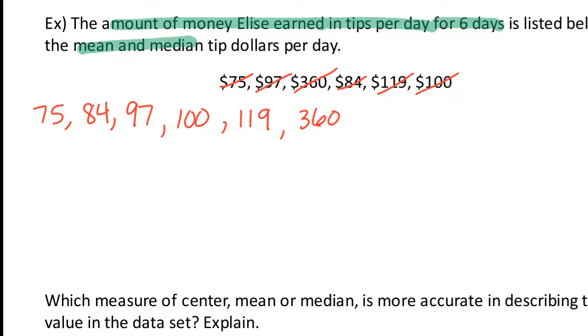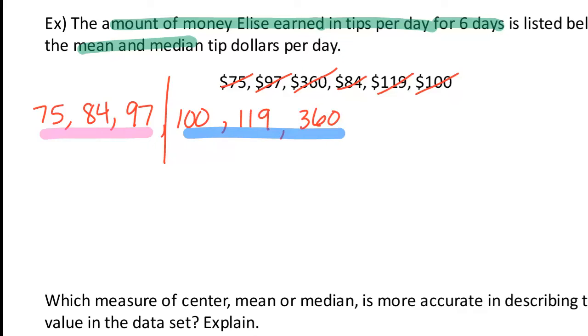So for example, if I go cross out from the outside to the inside, 75 with 360, 84 and 119, and then 97 and 100, and you have nothing in the middle, right? So again, I end up with these 3 on this side, and then these 3 on this side, with nothing in the middle.